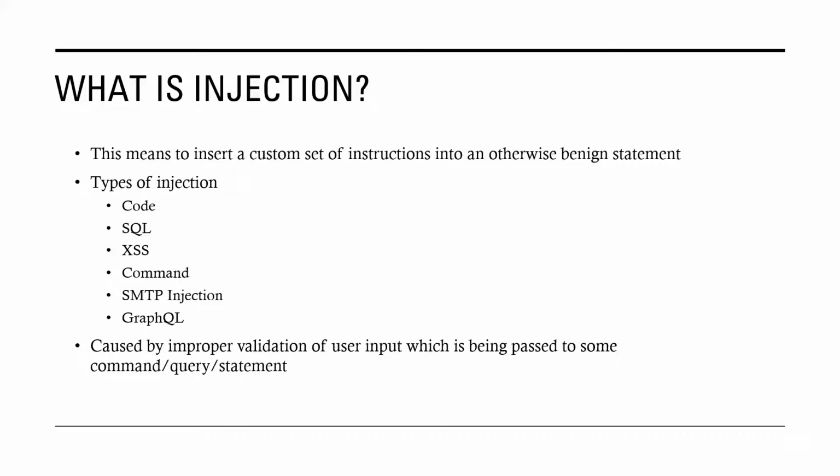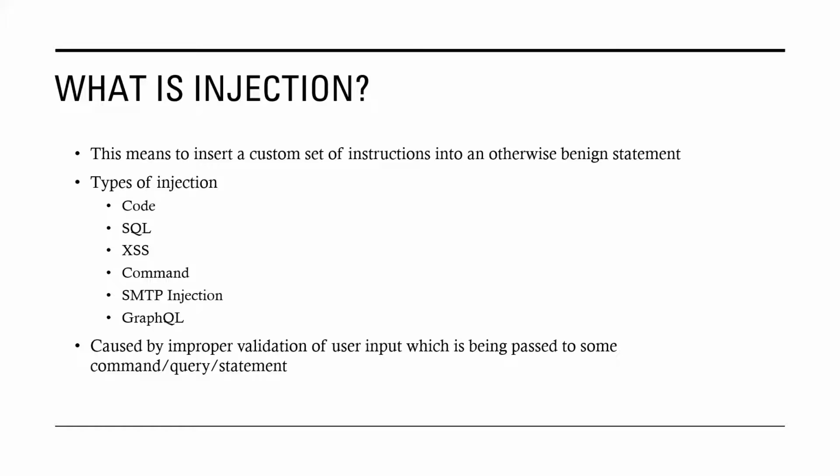What kind of injection might we come across? Well, we've already seen command injection and XSS, but there's also SQL injection. There's also code injection, say if there's evaluated Python code in some Flask server, for example. There's SMTP injection, GraphQL injection.